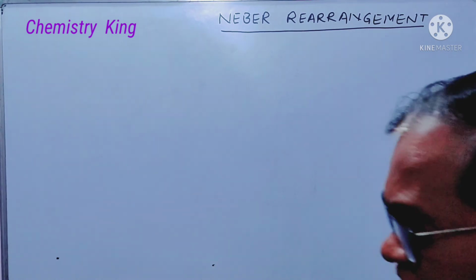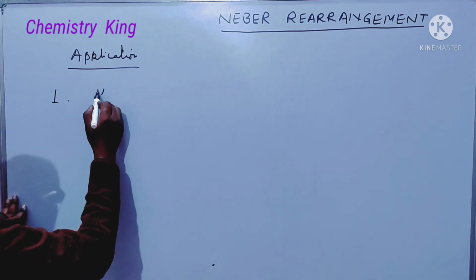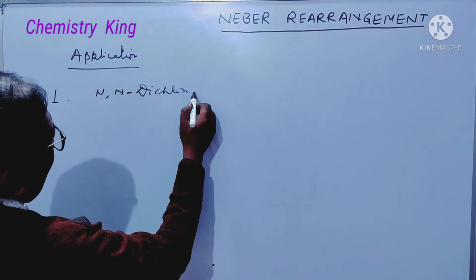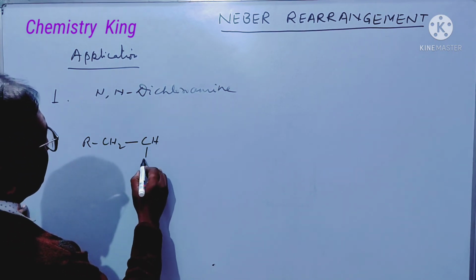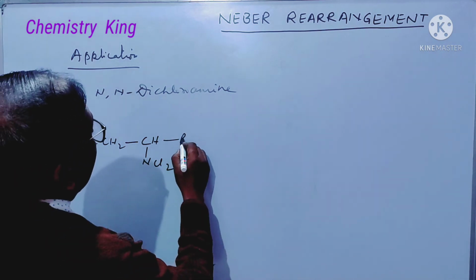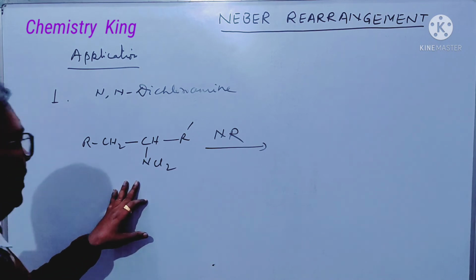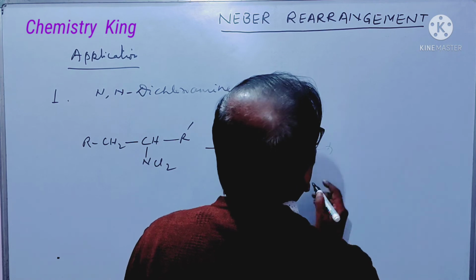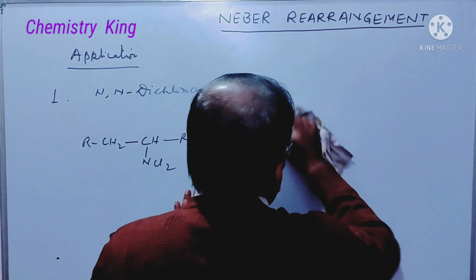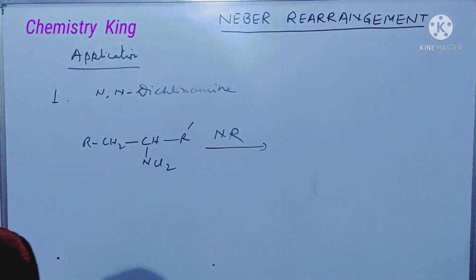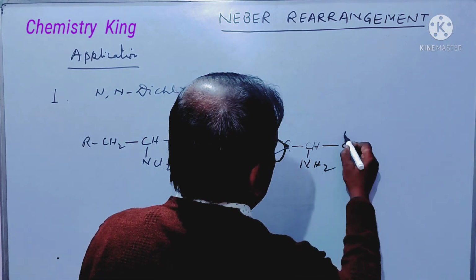Now we will see application. First, N,N-dichloroamine, RCH2 CH NCl2 R dash. N,N-dichloroamine also gives Neber rearrangement, means RCH2 CH NCl2 R dash, moisture is here, so okay, RCH NH2 C double bond O R dash.